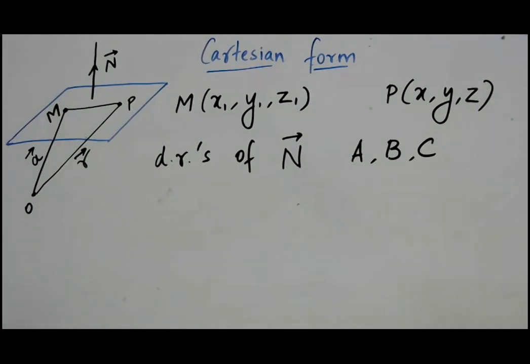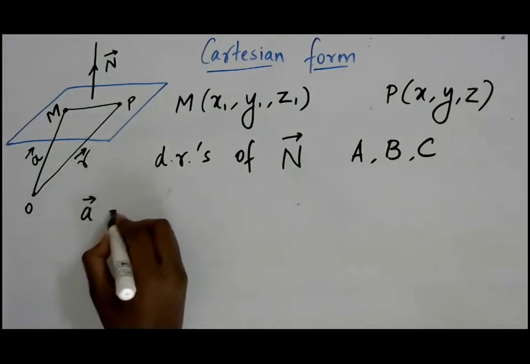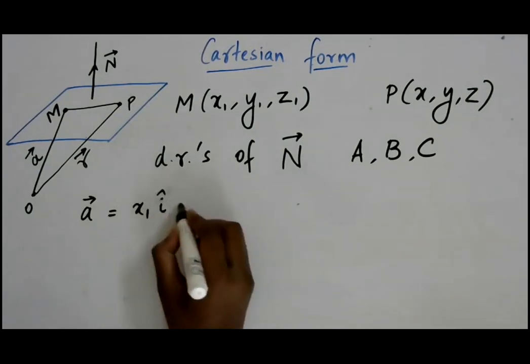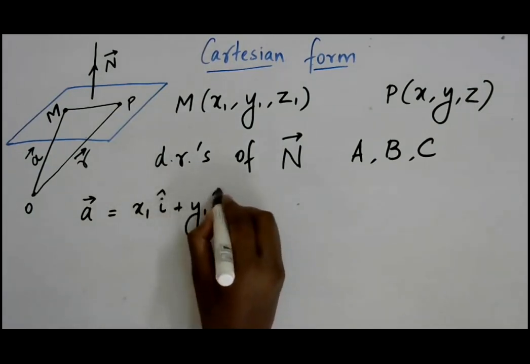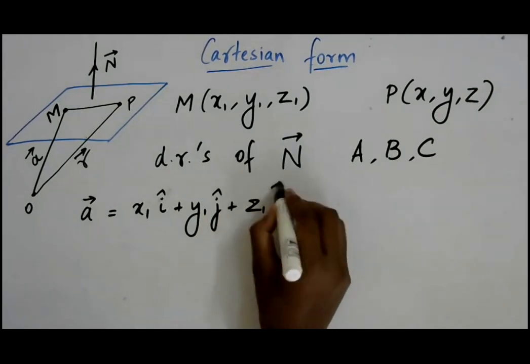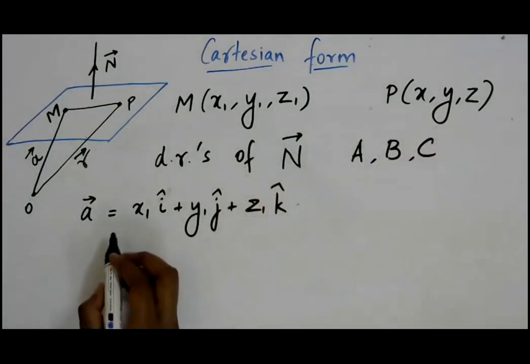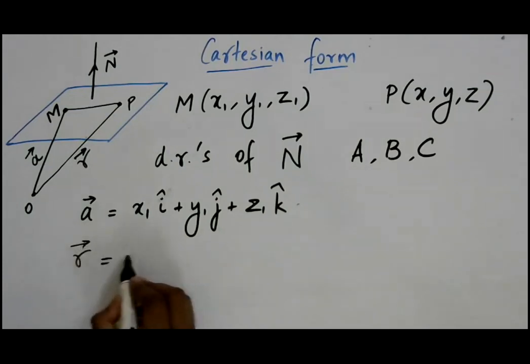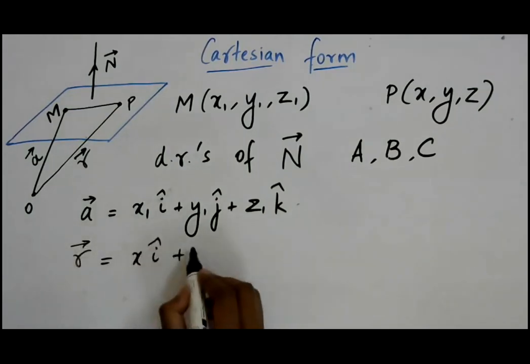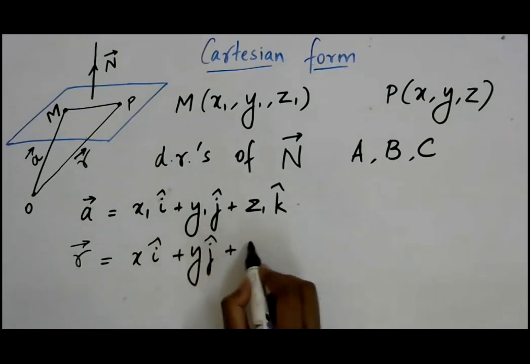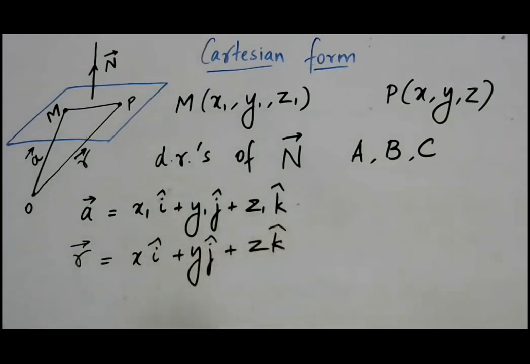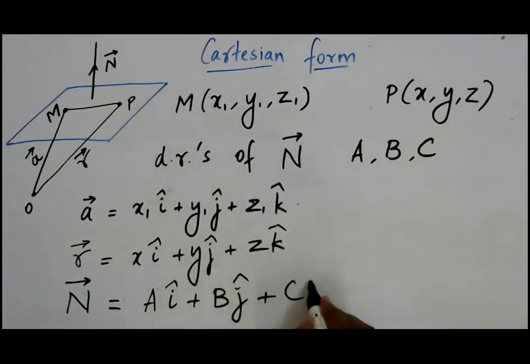Then we know a vector can be represented as x1 i plus y1 j plus z1 k. Then our R vector will be represented as x i plus y j plus z k, and our normal vector will be represented as a i plus b j plus c k.